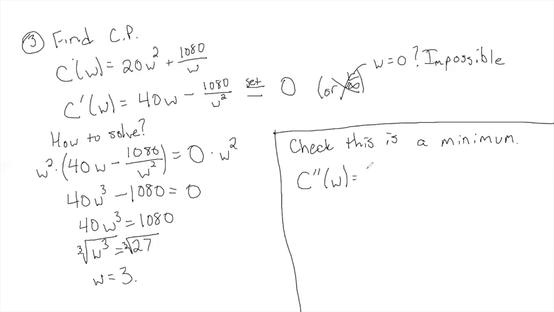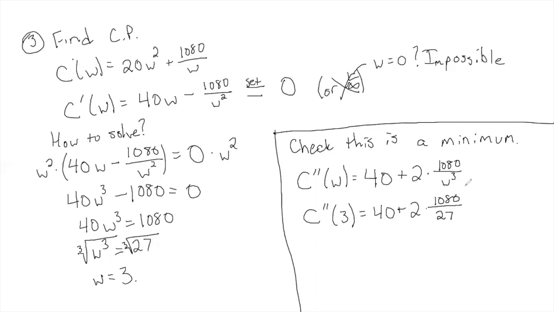Well, I get 40, and that turns into a plus 2 times 1080 over W cubed. I don't want to do that in my head right now. And I want to plug in 3. 40 plus 2 times 1080 over 27.